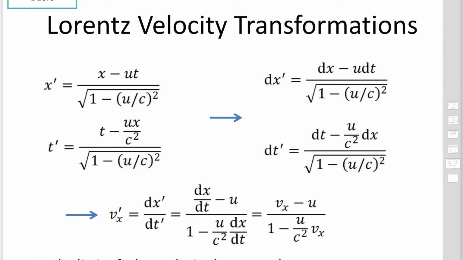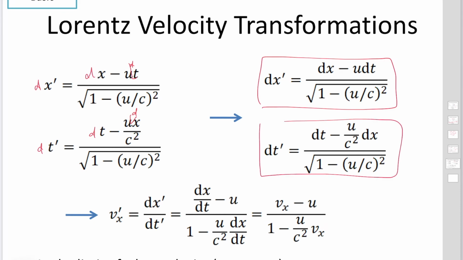You just substitute d. So here is dt. Then you will get this equation: dx prime is dx minus u dt. Also for dt prime, you put the d signs, changing here, so you get the next equation.